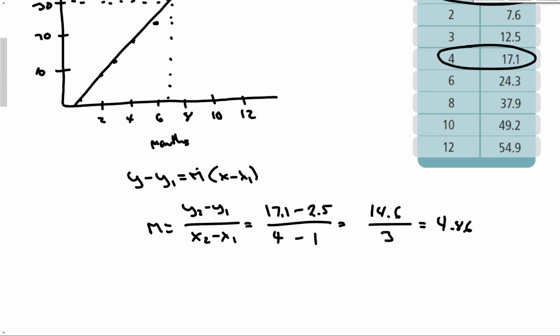So now let's use any data point. Let's use the 4 and the 17.1. So y minus 17.1 is equal to 4.86 times x minus 4. Okay.